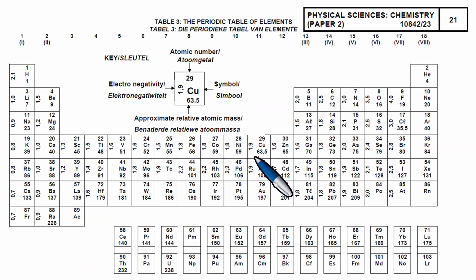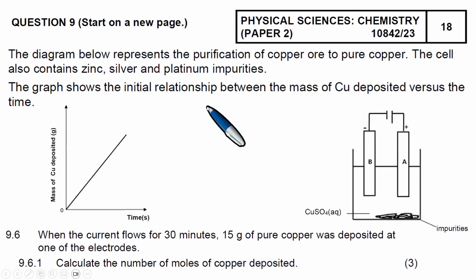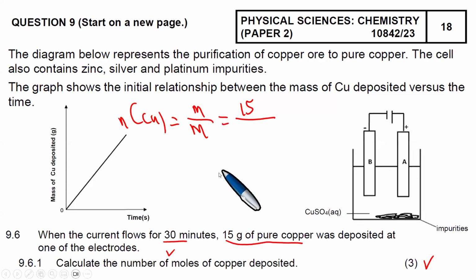What is the molar mass of copper? It is 63.5 grams per mole.